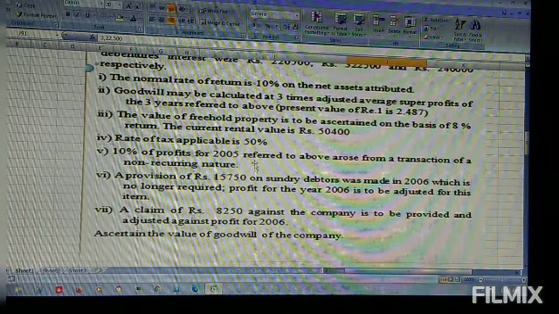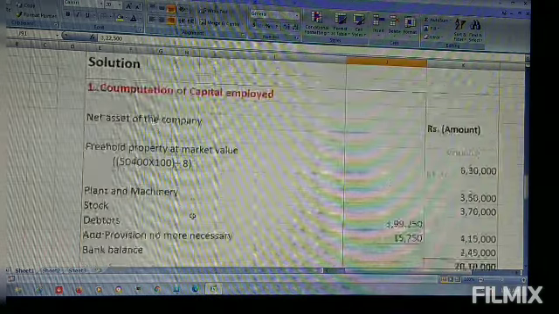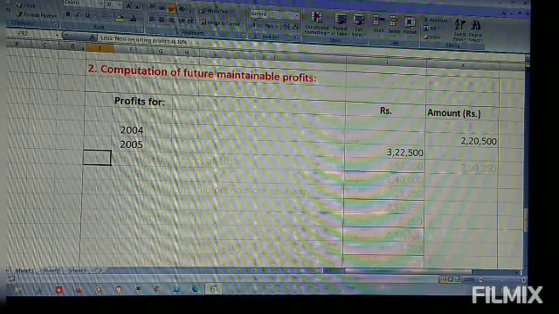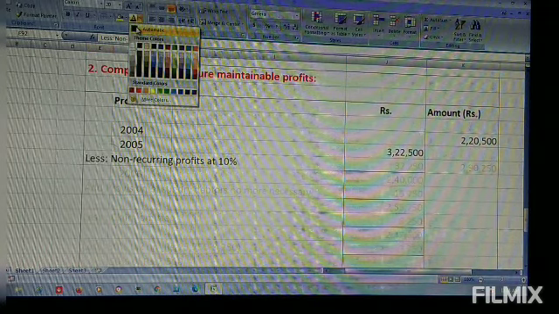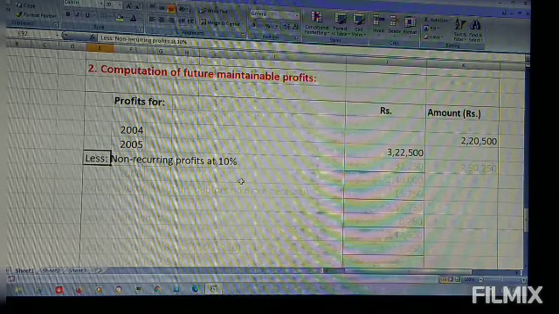If they are non-recurring in nature, then they are capital profits, which should not be in the operational profit. So that is to be deducted. So we deduct 10% from the total profit. Less non-recurring, which means they do not occur repeatedly.